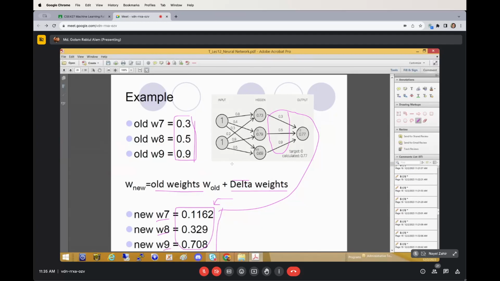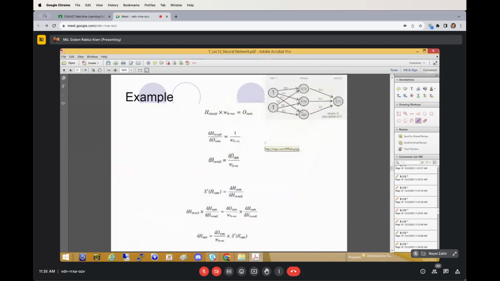Now we can see that we have updated only the weights of the hidden to output units. But we still need to find a way to update the other values, and for that we have to do a little more. At first, we can use the same equation.